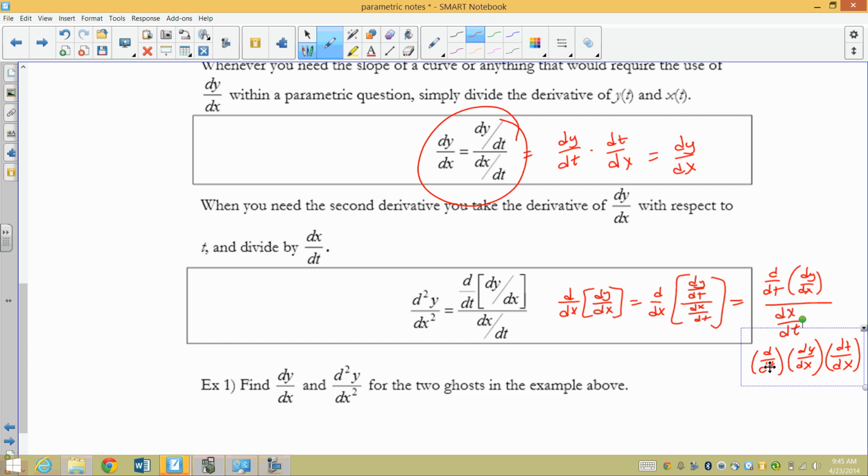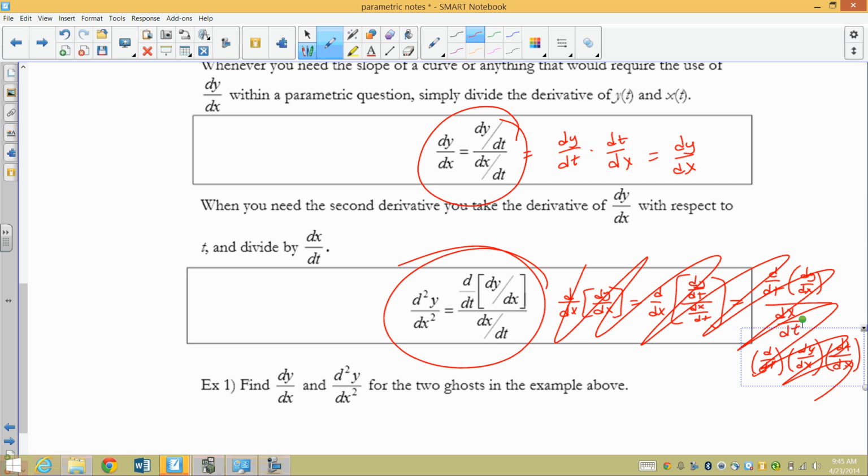This dt cancels with that dt, and I have d/dx of dy/dx. Honest to God though, long story short, ignore everything I just said, memorize the rule. If you want the second derivative, you take the derivative of dy/dx and divide it by dx/dt.